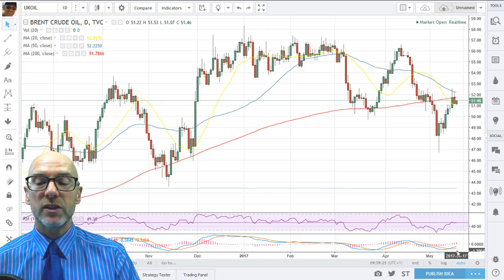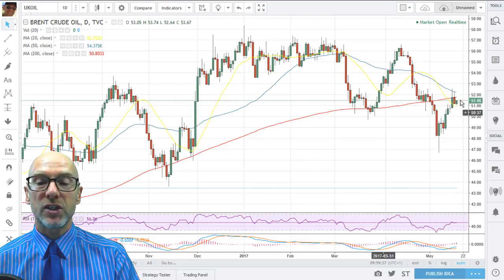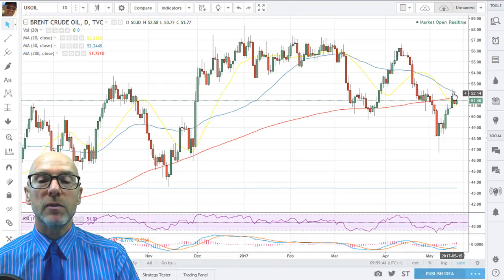And the MACD also, the short term has gone above the long term, so keep an eye on that one. Overall, this picture is mid-range in the range that we've seen, but just this 50-day seems to be dominant at the moment.